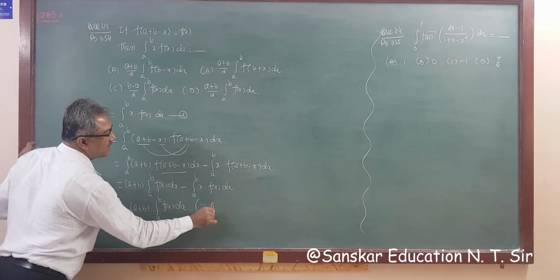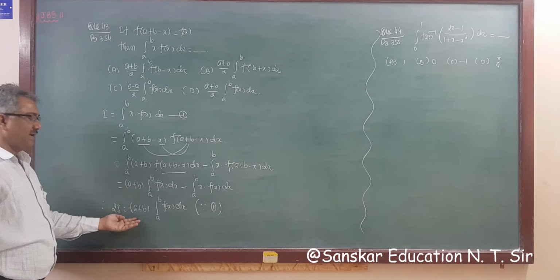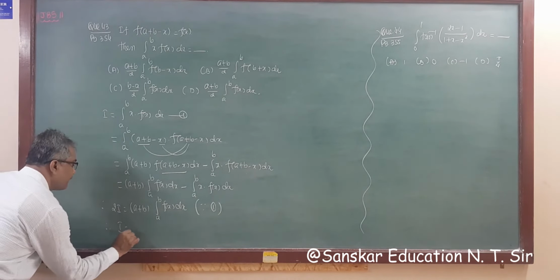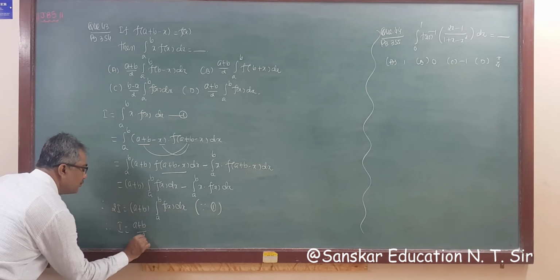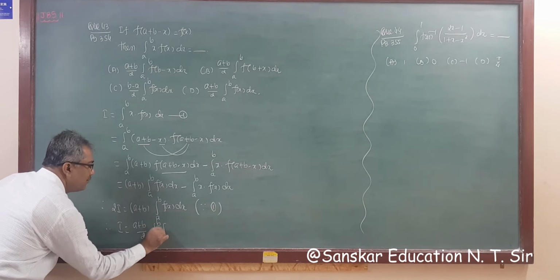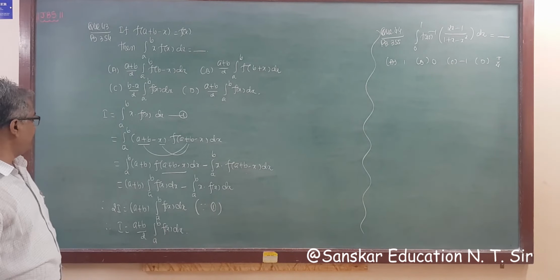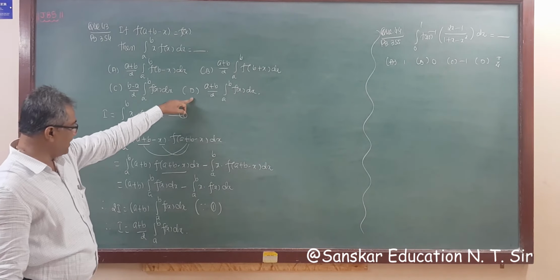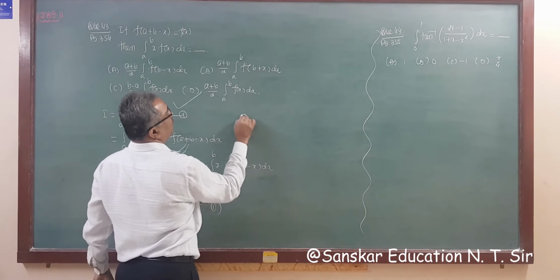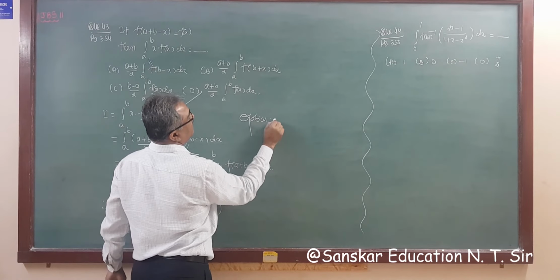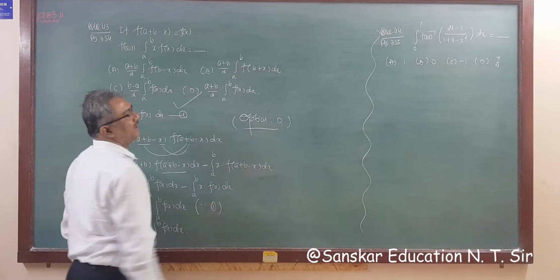This is due to reason number 1. So what is your I? I will be a plus b by 2 integration a to b f x dx. Option D is your correct answer.